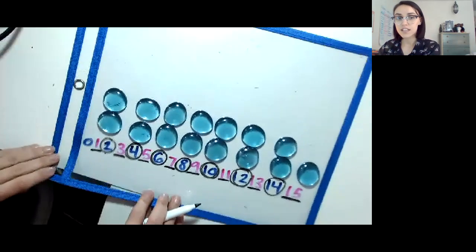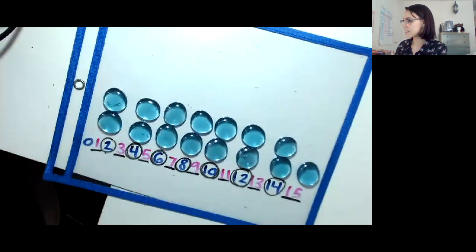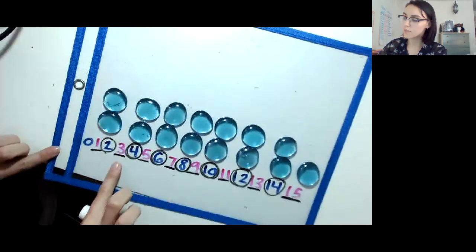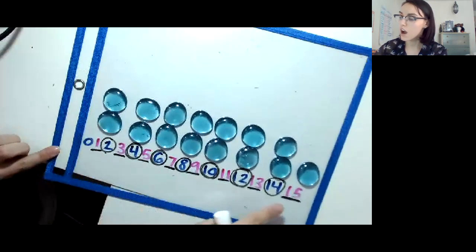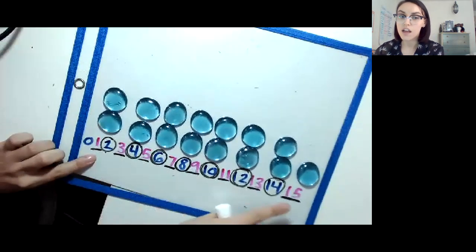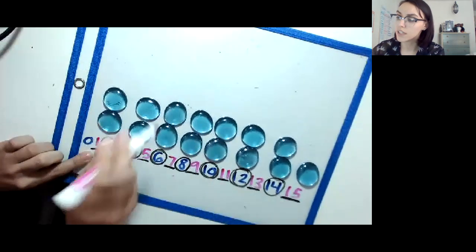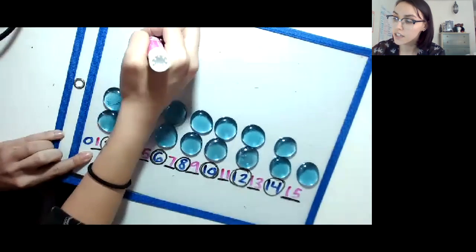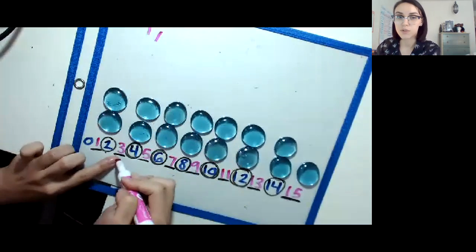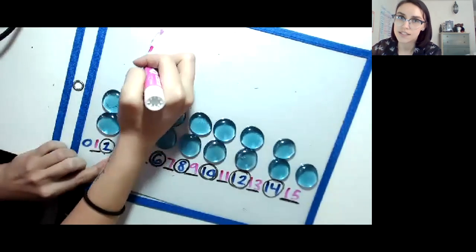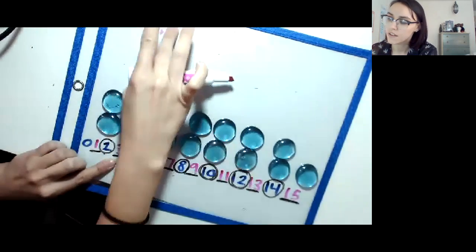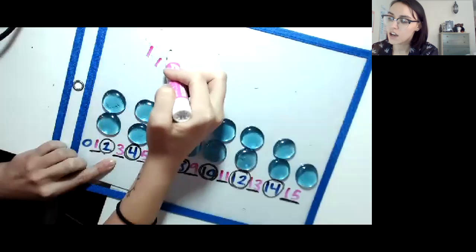This is the pattern. Let's get the same colors we used before. All of our odd numbers are underlined. All of our odd numbers are pink. We saw that when a 1 is in the ones place, it's odd. When a 3 is in the ones place, let me write that a little lower so everyone can see better, it's odd.